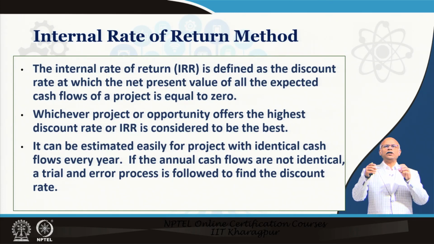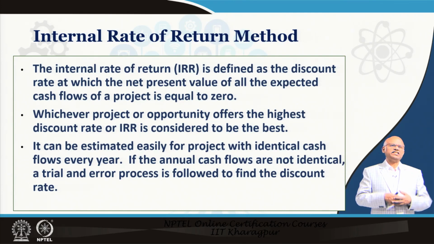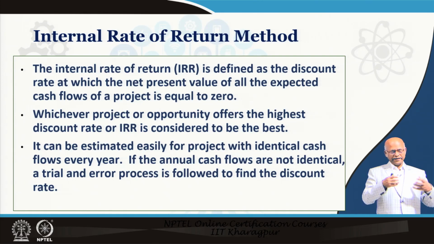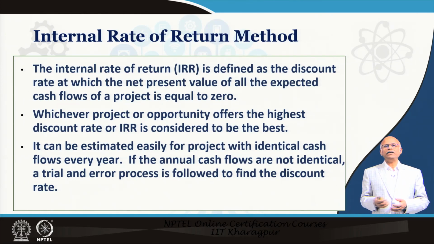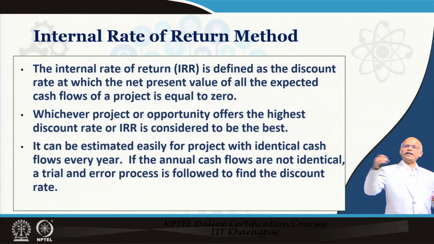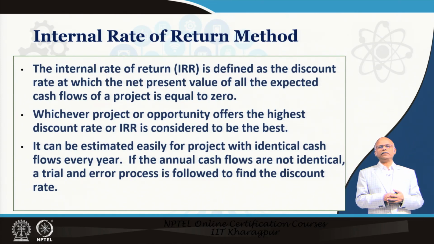Suppose you want to decide about purchase of a property, say a big house or industrial estate. You want to buy that and then rent it to somebody. If you know at what amount you can rent it out, then you know that an equal amount will be coming to you every month.